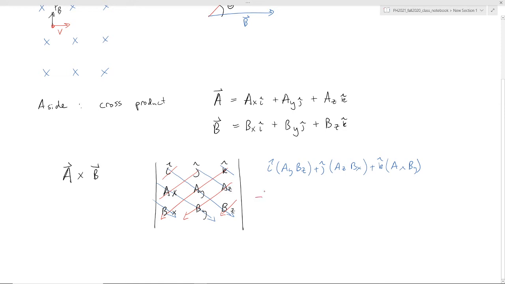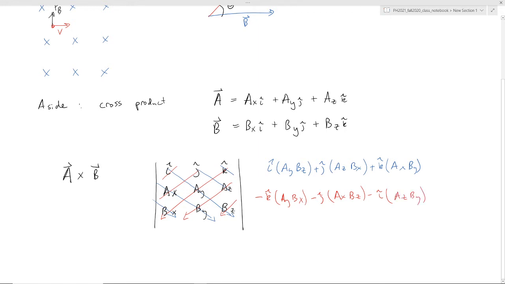So this would look like k hat times AyBx, minus j hat times AxBz, and minus i hat times AzBy.